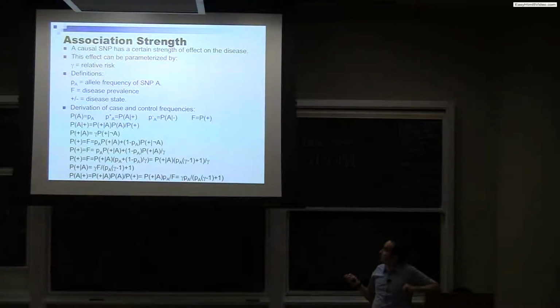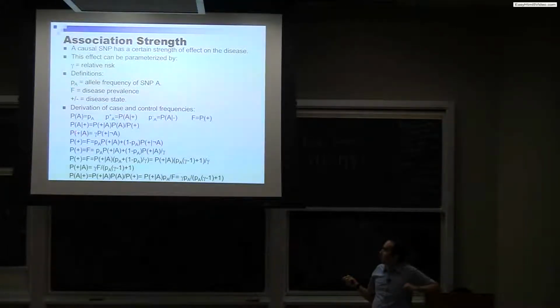Well, look, first of all, the probability of having the SNP given the disease is equal to the probability of having the disease given the SNP times the probability of having the SNP divided by the probability of having the disease. What rule is that? That's Bayes' rule, okay? It's exactly Bayes' rule. So we just reverse these two, we're interested in this, and we know what this is in terms of that, okay?